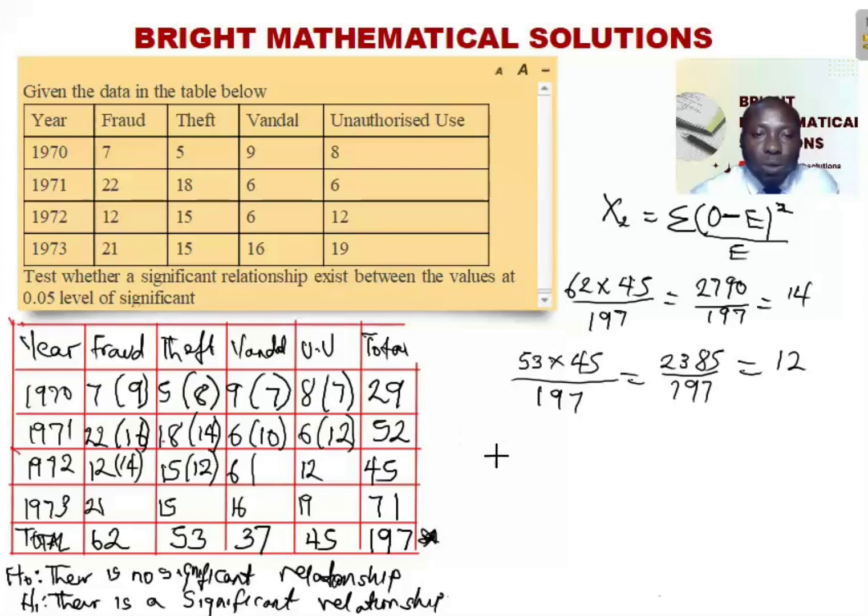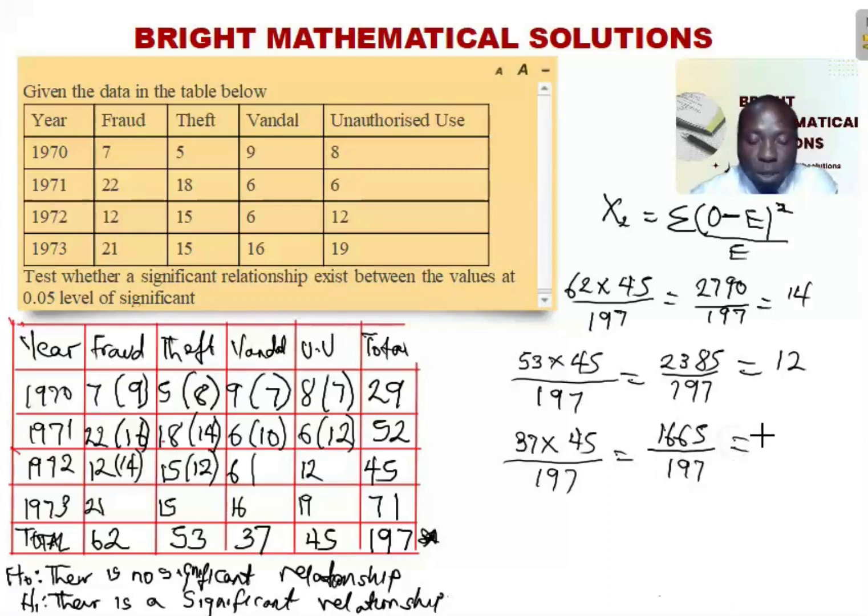So for the next one, that is Vandal 1972, that is 37 multiplied by 45 divided by 197. 37 multiplied by 45 is giving me 1665, divided by 197. So that gives me 9. So here I'm writing 9.